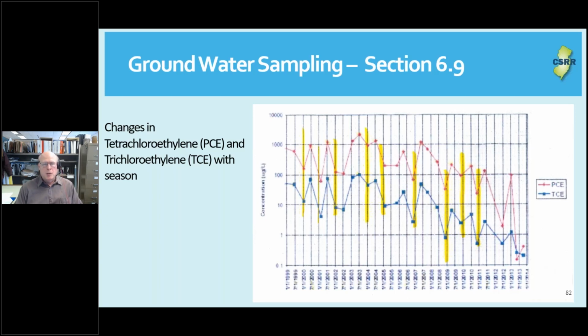PCE and TCE concentrations on the left are shown in a logarithmic scale. For clarification, I have highlighted select sampling events occurring near January 1st. The samples collected in the January sampling event frequently have lower contaminant concentrations than the samples collected in the July sampling event. The variation in contaminant concentrations can be over an order of magnitude.